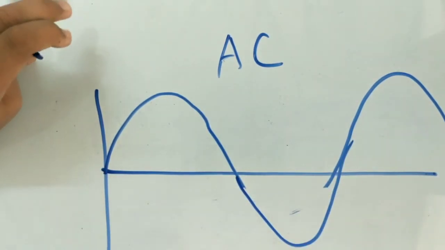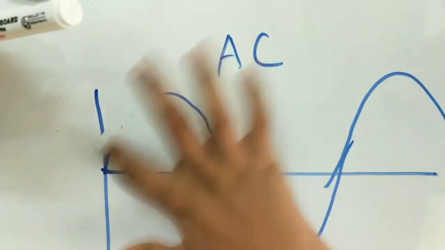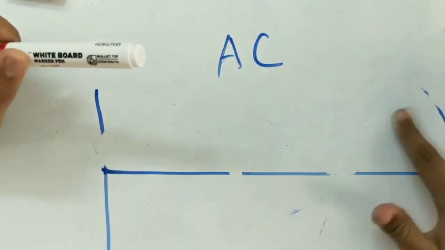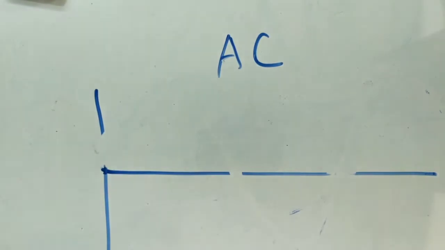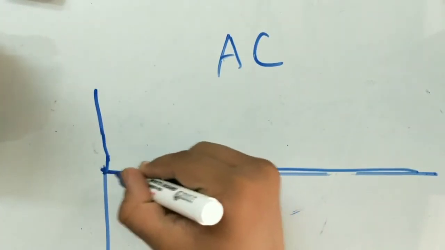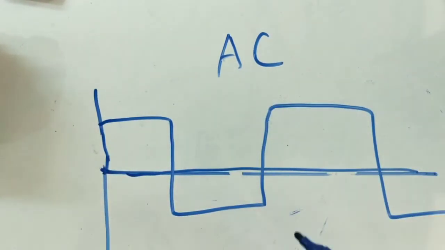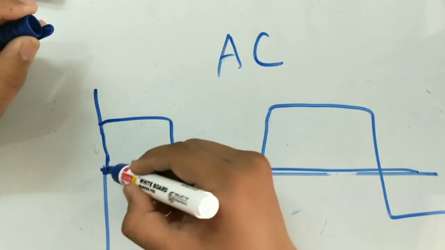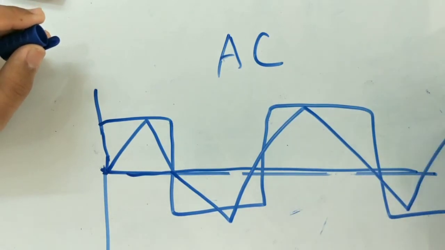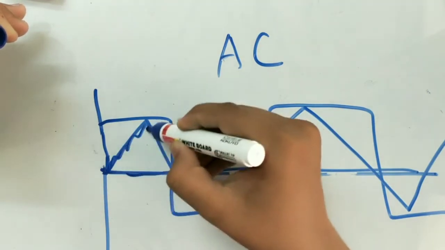And this is a sine wave AC current. And square wave looks like this. And triangular wave looks like this.